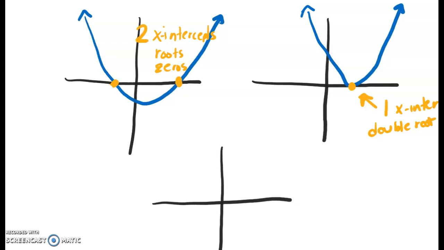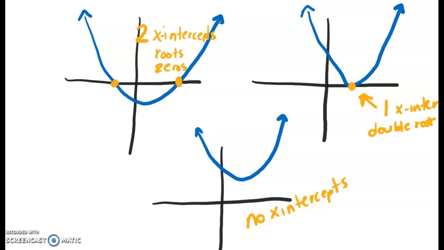And the third possibility is that the parabola lays somewhere up here, or if it was opening down, it would be down here somewhere, and it doesn't cross the x-axis at any location, and we would say there are no x-intercepts. So those are the 3 possibilities.